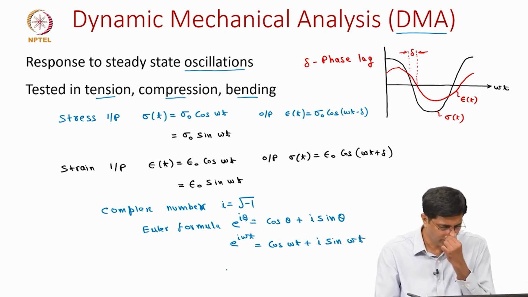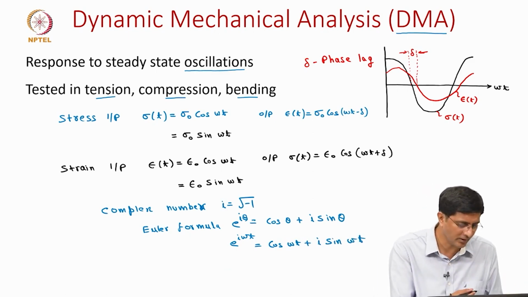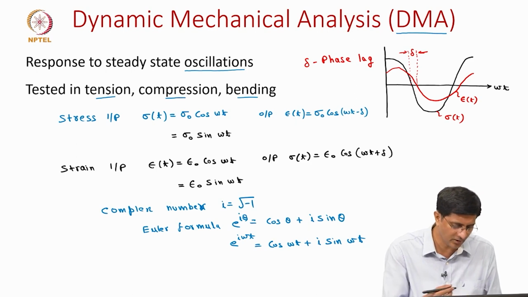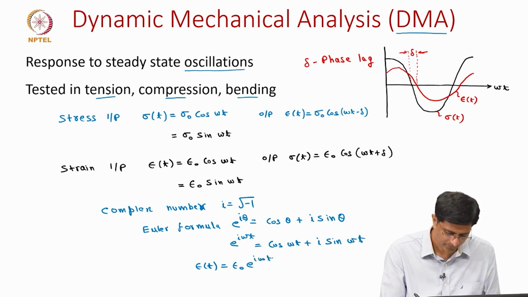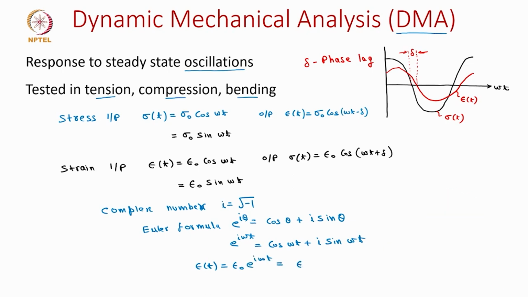Looking at the strain input epsilon of t, I could simply say epsilon of t is epsilon naught times e power i omega t, then it will be epsilon naught times cos omega t plus i times epsilon naught sin omega t.